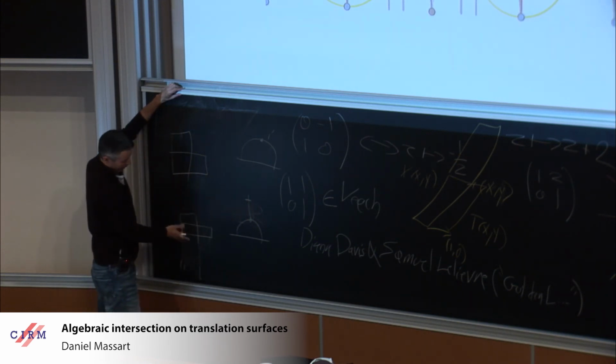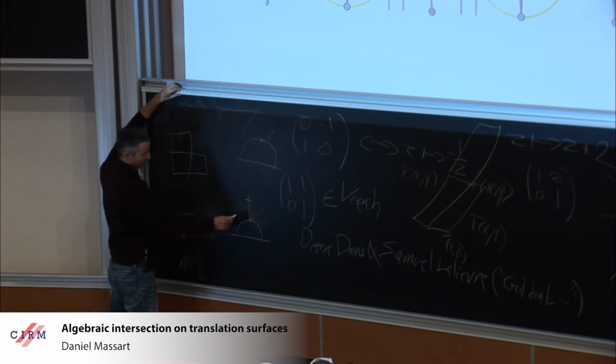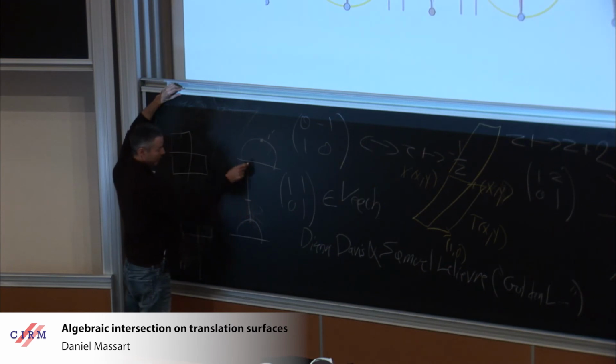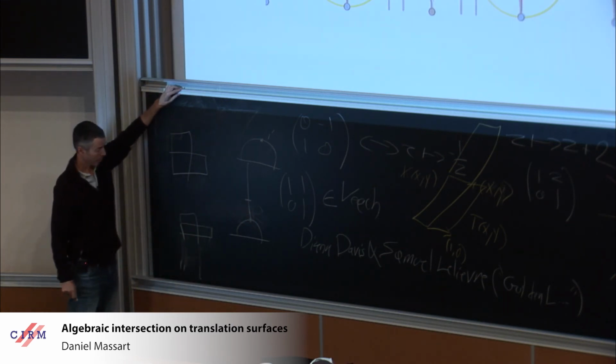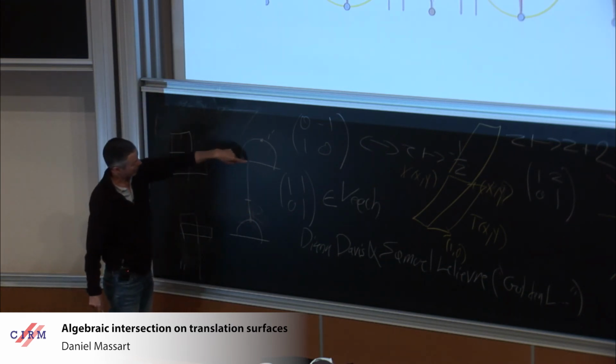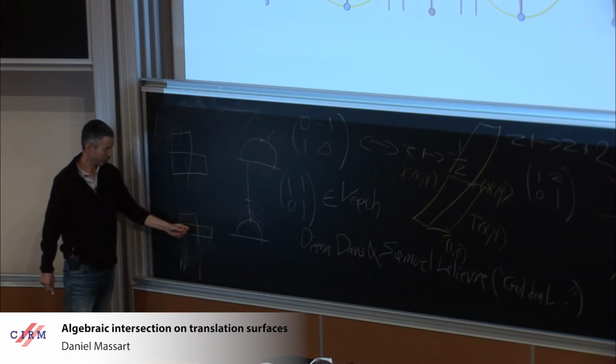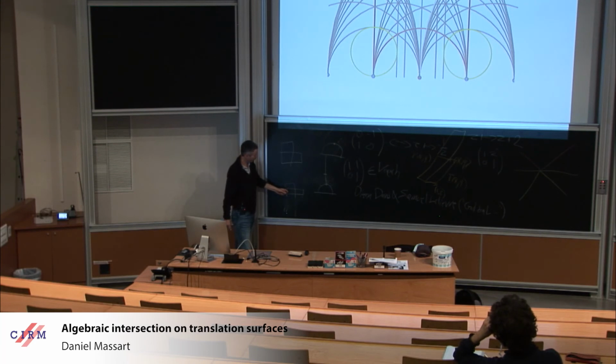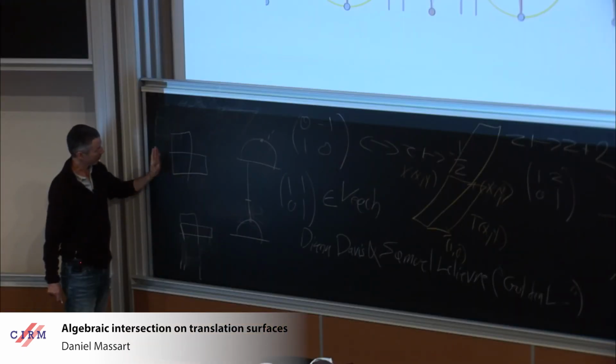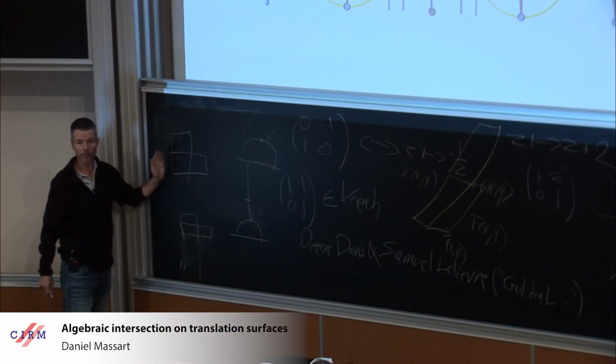And when I squeeze this direction and extend this direction, I move on this geodesic. So this geodesic in the hyperbolic plane is the locus of translation surfaces in my Teichmüller curve such that the infinite coslope and the zero coslope are orthogonal.